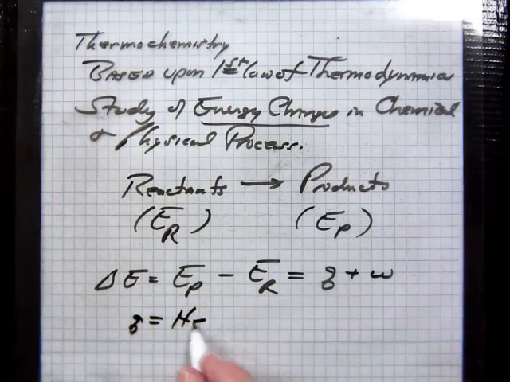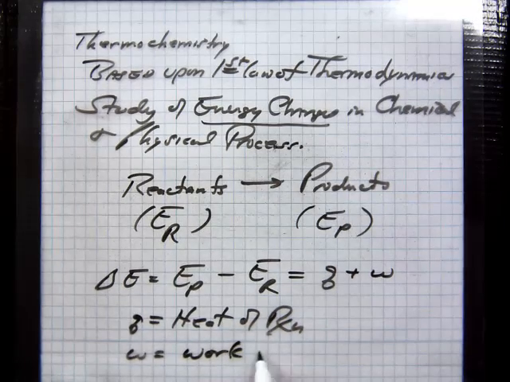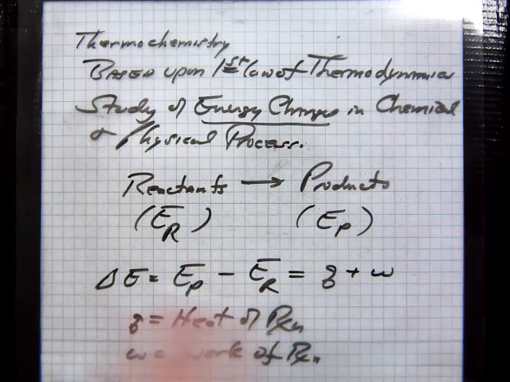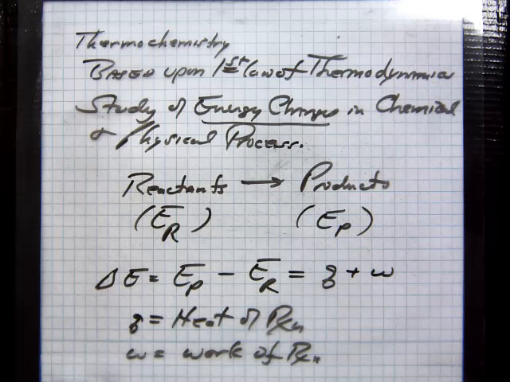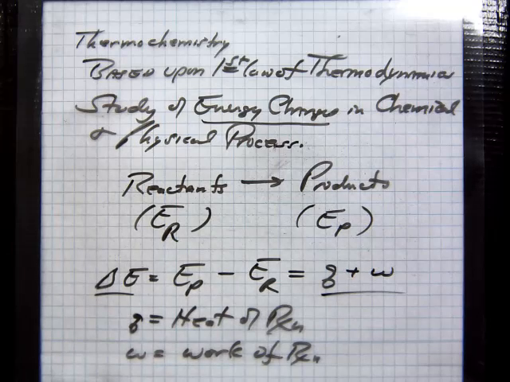The Q is called heat of reaction, and W is called work of the reaction. And therein are the two items we want to get into as far as this chapter goes. We want to define the heat of reaction of a chemical reaction, and we want to define the work of the chemical reaction. Sometimes it's zero under certain circumstances, and you'll see that. So the equation for the first law is actually ΔE = Q + W, heat of reaction plus work of the reaction.